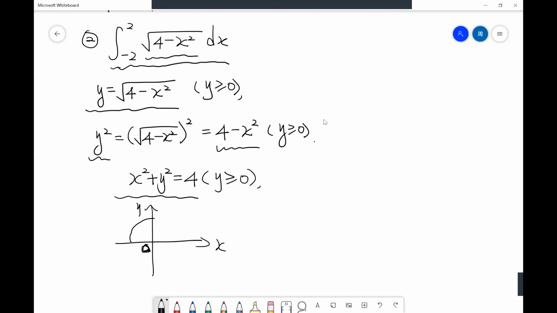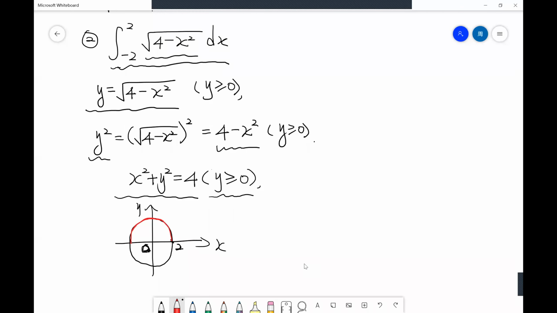Maybe here is 2, right? But the condition is that y is larger than or equal to 0, right? So that means we only have this half circle, this semicircle, right?